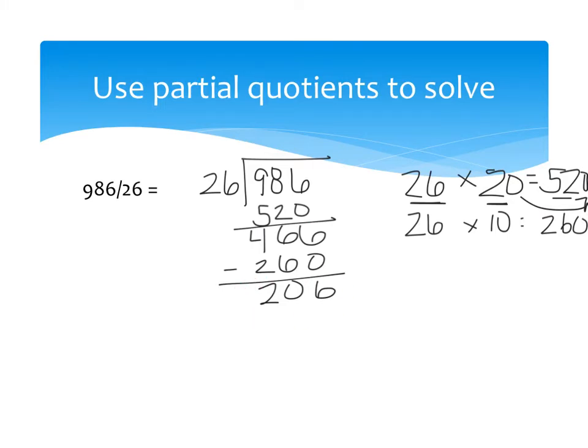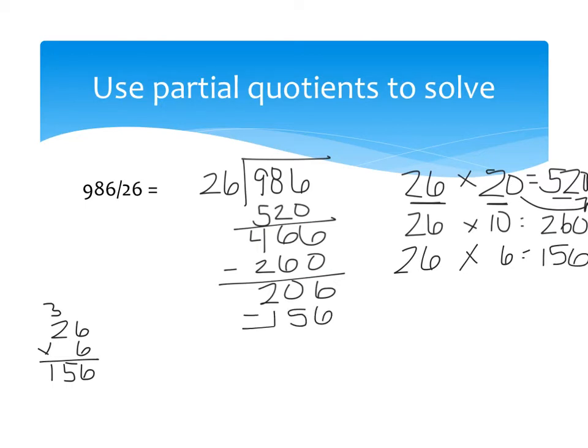So I need to pick a number smaller than 10 that's less than 206. Let me go over to the side and try 26 times 6. 6 times 6 is 36. 6 times 2 is 12, plus 3 is 15. 156 is smaller than 206, so I'm going to write 26 times 6 over here and subtract the 156.